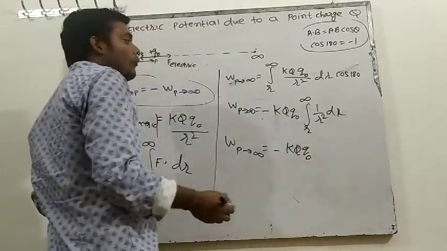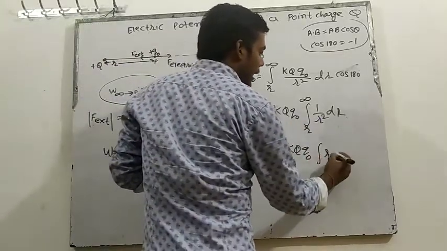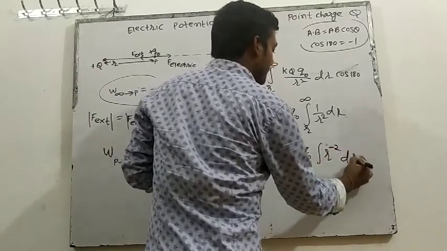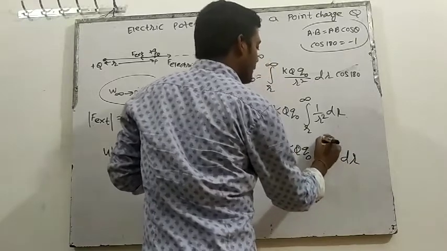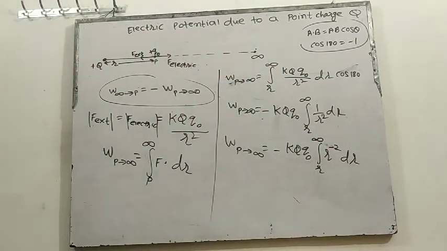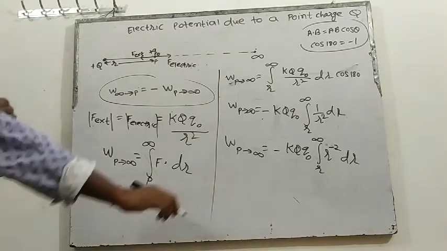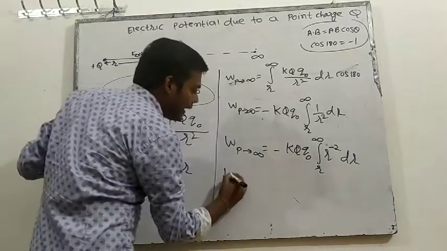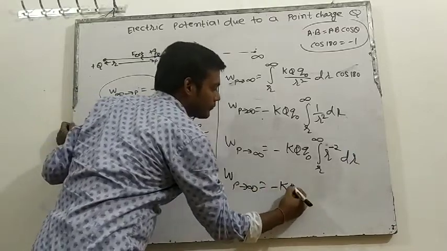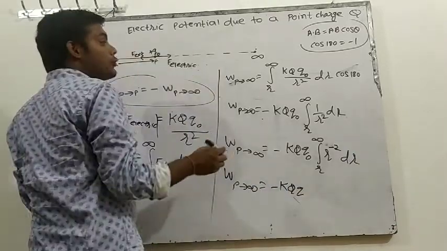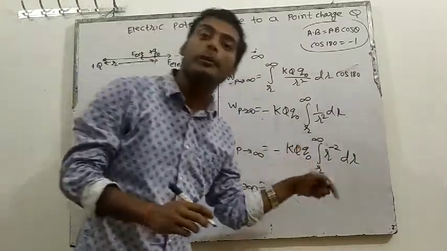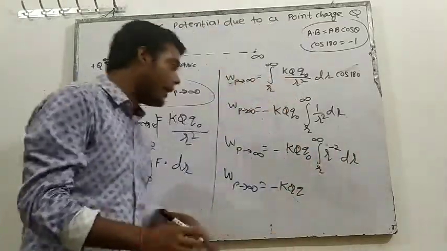What is the integration of 1 by r square? Can we write that this is the integration of r to the power minus 2 dr from r to infinity? Can we write this? Now, if I integrate this, you know the integration: this is like x to the power n, so the integration will be x to the power n plus 1 divided by n plus 1.